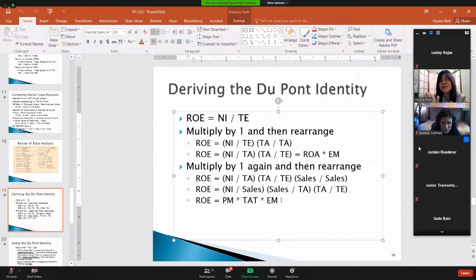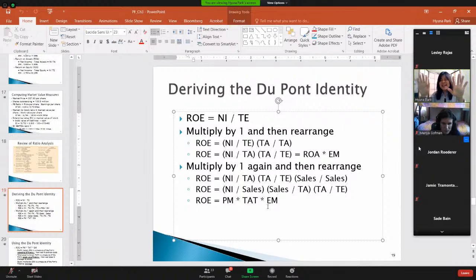But right now in chapter 3, what you should understand clearly is leverage affects return on equity. And how do you know that? You can use the DuPont Identity to show that. Higher equity multiplier, all else equal.